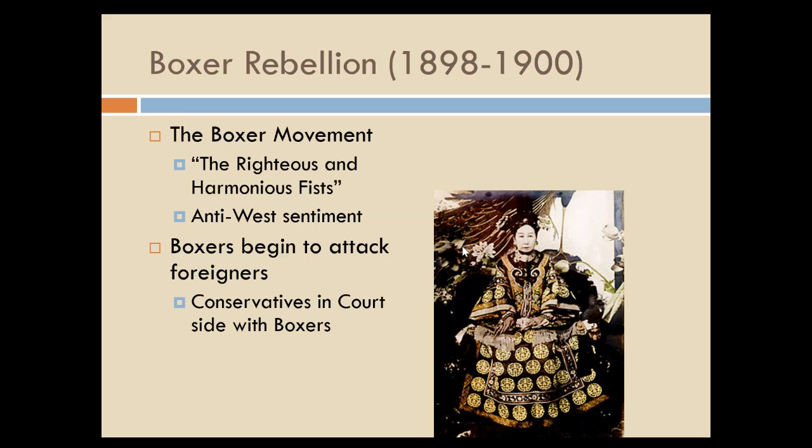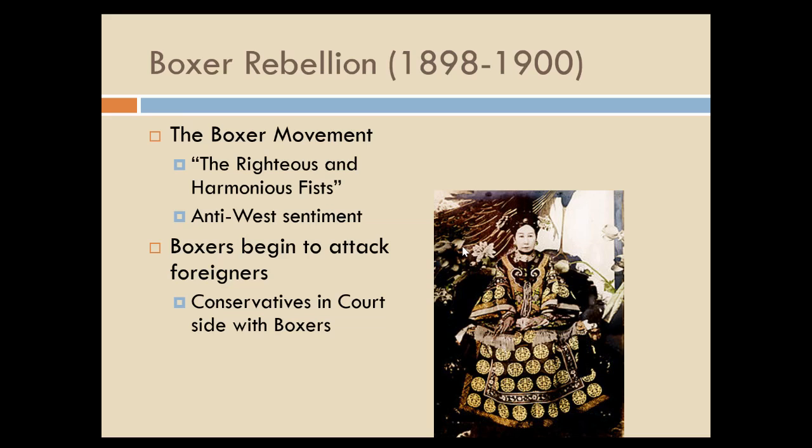As he began to retreat, other conservatives like Empress Dowager Cixi began to take more power, and eventually she was basically the de facto leader, sort of the puppet master behind the strings, as Emperor Tongzhi ends up dying, and she basically just becomes in complete control.